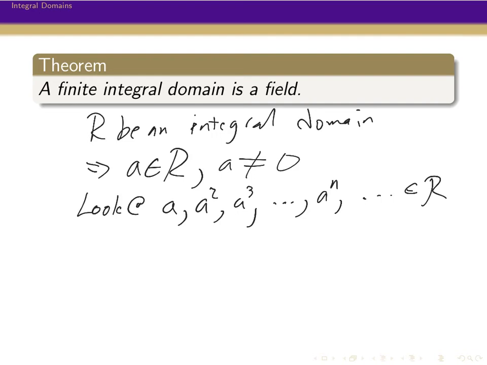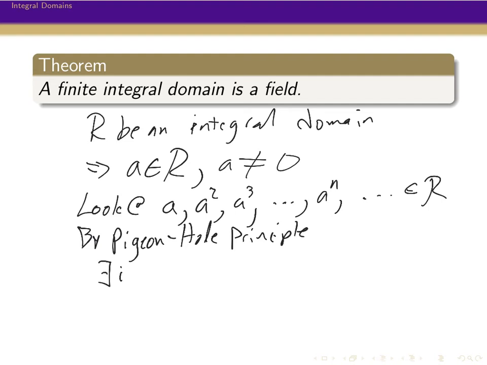Since R is finite, by the pigeonhole principle, we have an infinite list inside a finite set, so things have to start equaling each other. There exist some i and j with a to the i equals a to the j.